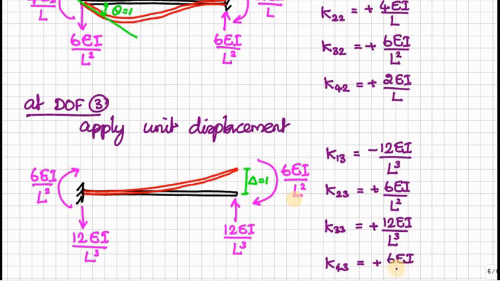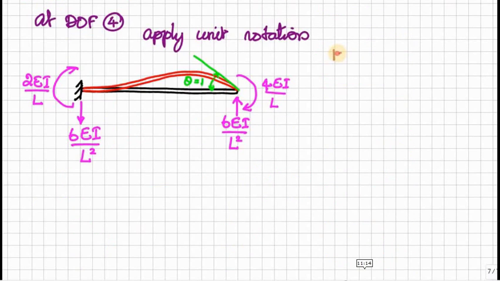So next we have to apply unit rotation at degree of freedom 4. This is the scenario for the application of unit rotation at node 2. To produce unit rotation, we have to apply 4EI/L moment. Due to the application of 4EI/L, half of the moment will be carried over to the fixed end, therefore 2EI/L.